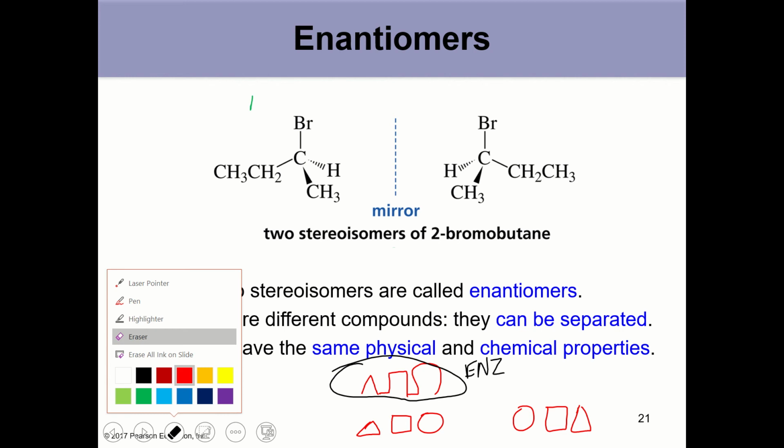Enzymes are specific to only one molecule of a pair of enantiomers. And so it's essential that in the drug industry, both enantiomers are characterized and tested because if both are produced in the medicine, you have to purify it so that only the desired enantiomer that will interact is present.